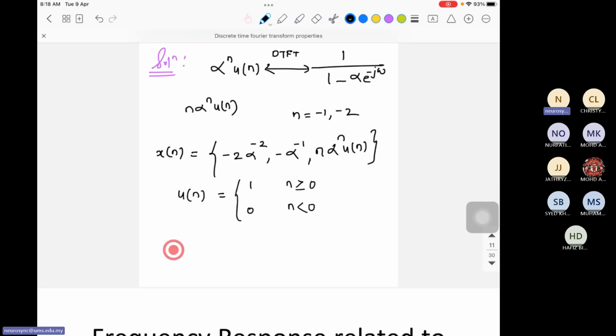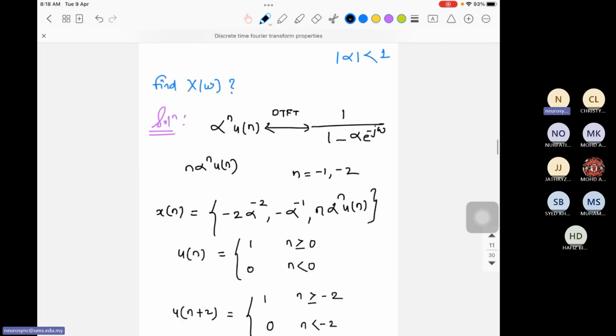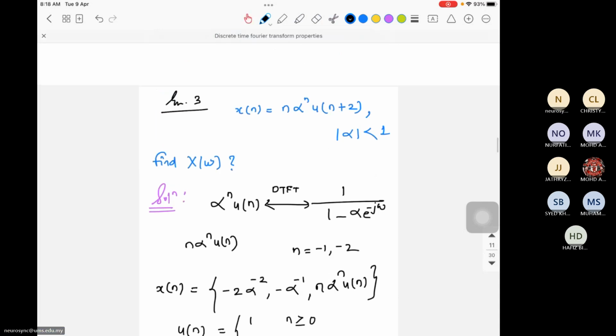But u of n plus 2 is what? It will have magnitude 1 for n greater than or equal to minus 2. If n is less than minus 2, you will have magnitude 0. Therefore, the given signal, I have split it like this.